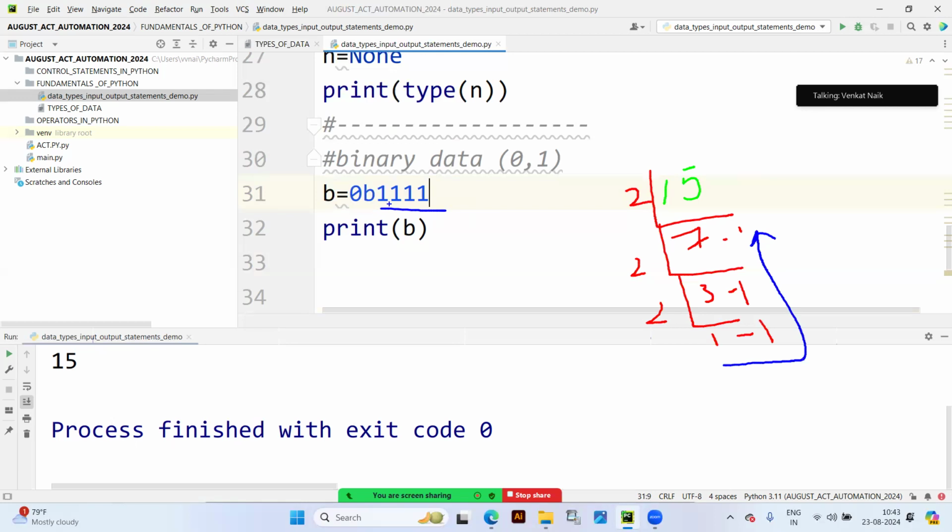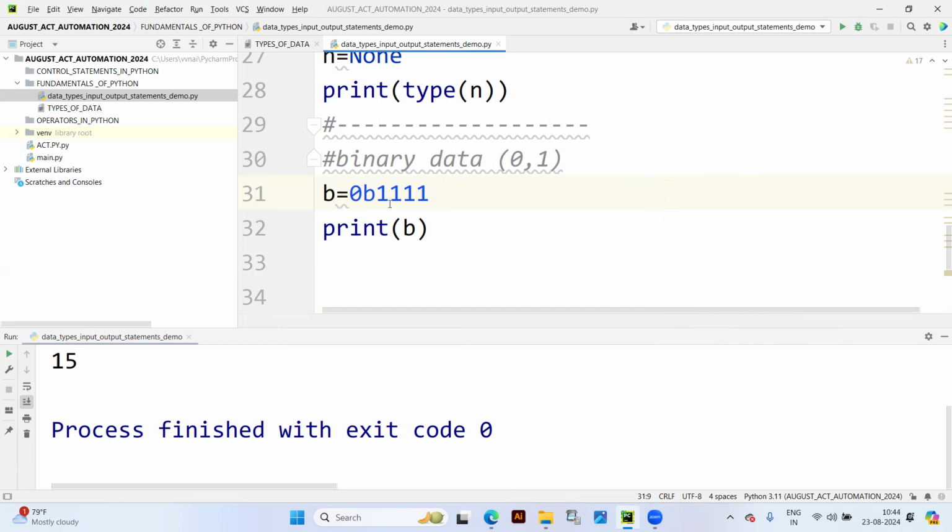There is another method, which I have just shown you. So now we have a 15.